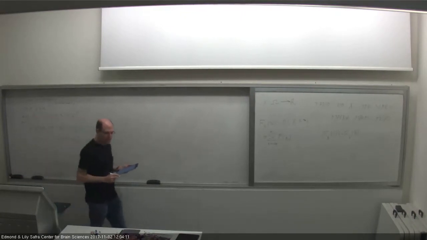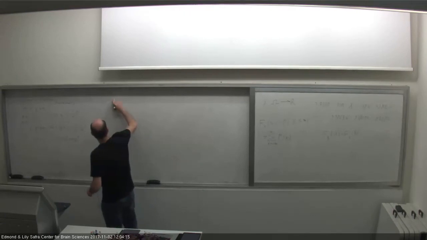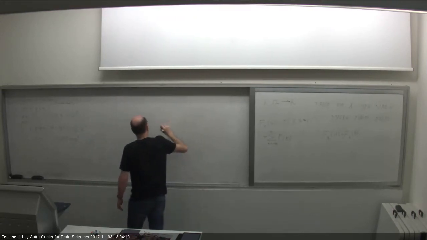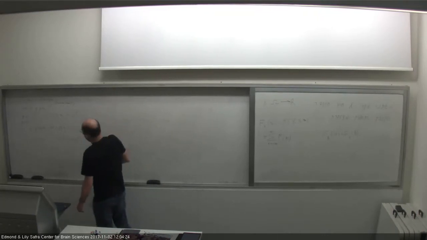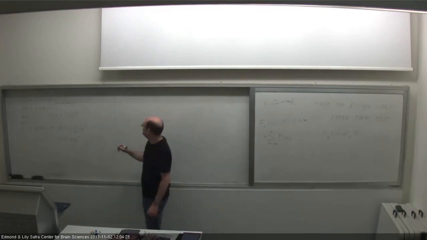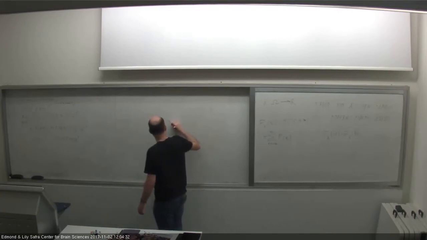And then the last thing that I did is I plotted the capacity normalized by the total number of possible dichotomies, 2 to the p, as a function of p.